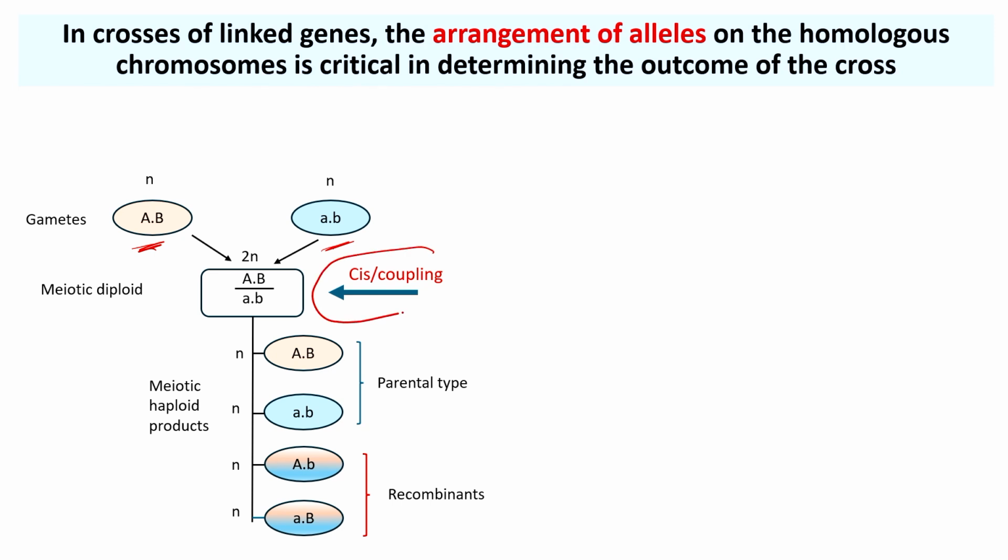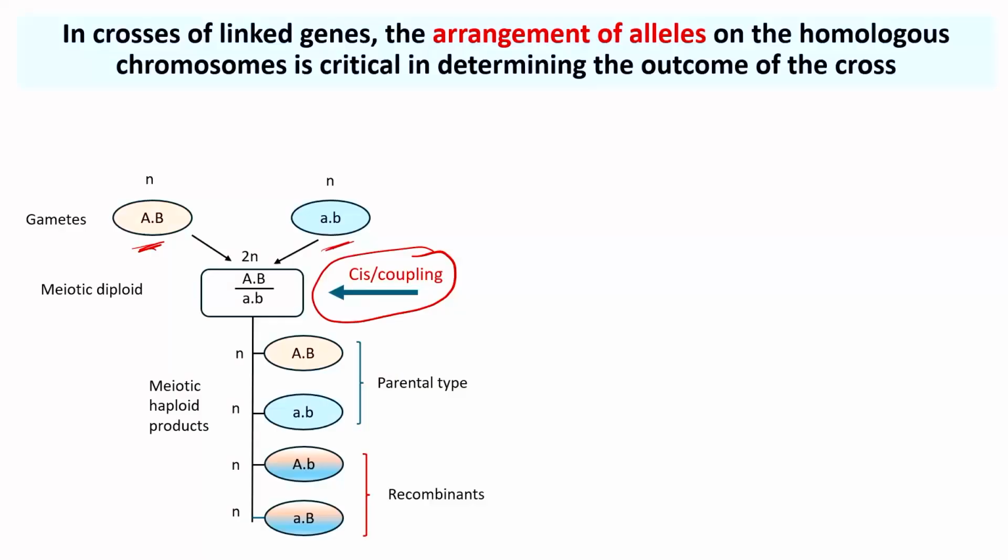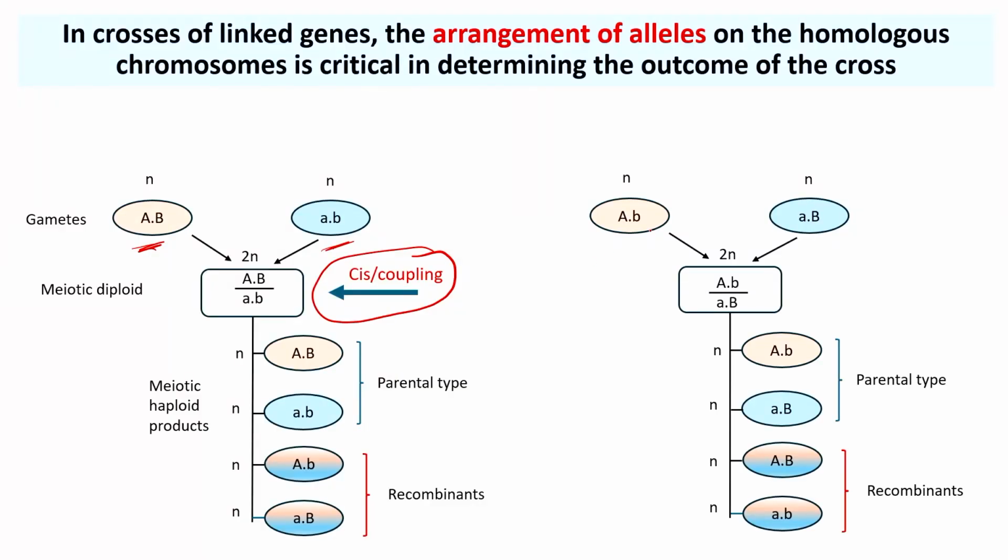Remember, we call this kind of configuration cis or coupling. It means both the dominants are together on one homologous chromosome, you have both dominant or both recessive. That is the cis configuration or coupling configuration. Whereas if you compare this one, in this configuration you have a gamete where the capital A is with small b, one dominant is with another recessive, and one recessive is with another dominant allele of the two genes.